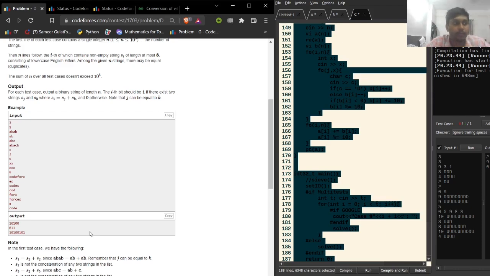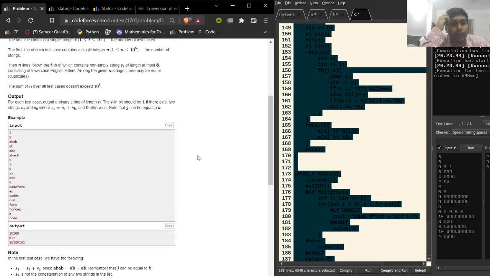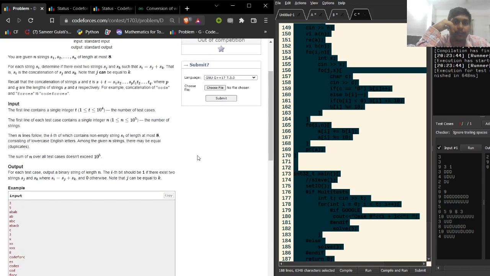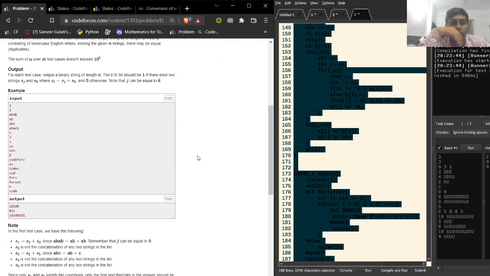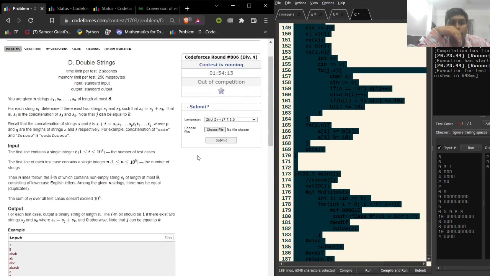Just a second. A concatenation of two strings. Oh, okay. Length at most 8. Okay, length at most 8 is interesting.